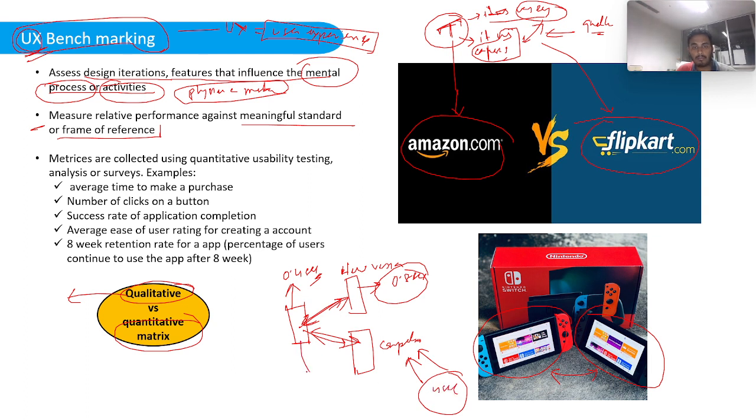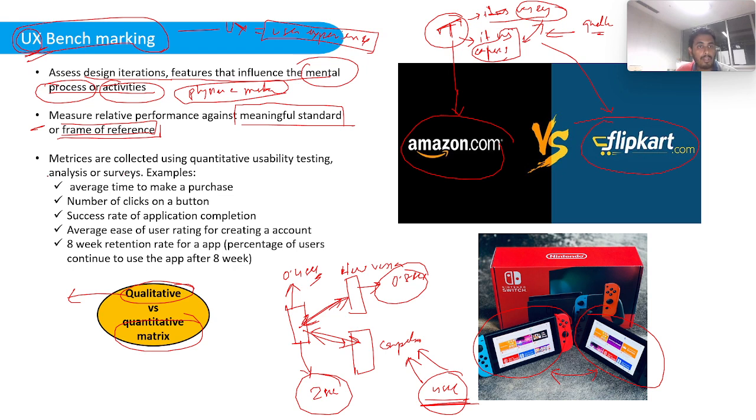And you are making your interface so easy that it saves time and can perform that particular task in 2 seconds. That means you are considering 4 seconds as the standard frame of reference. So in either case, you should have some sort of standard meaningful frame of reference. Otherwise you will not be able to benchmark your user experience solution.